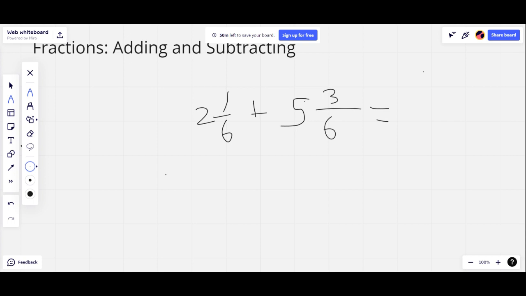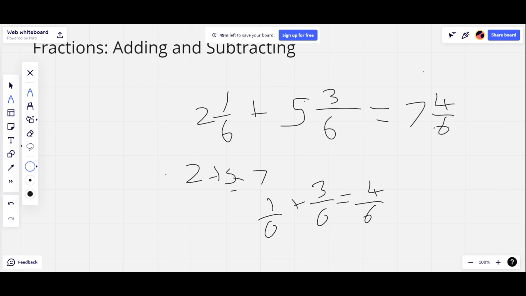The first method is to add the whole numbers separately and you get 7, and then do normal regular fraction addition. Whether or not it has the same denominators, you do the same thing as regular fractions, except you separate the whole numbers and add them separately. And then once you've got the answer, like 4/6 here, you write 7 4/6.